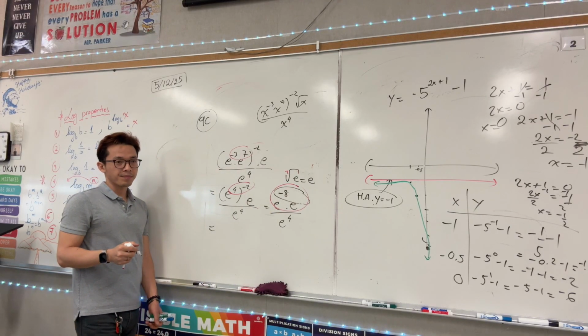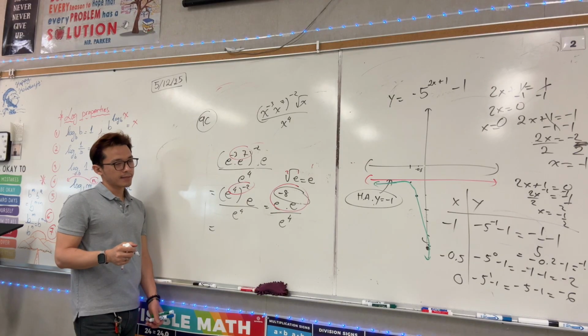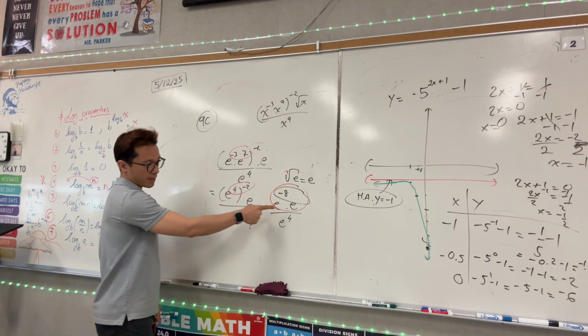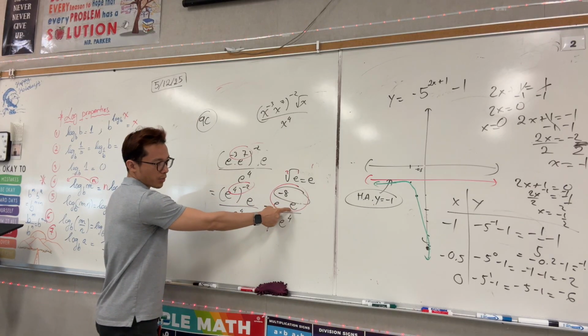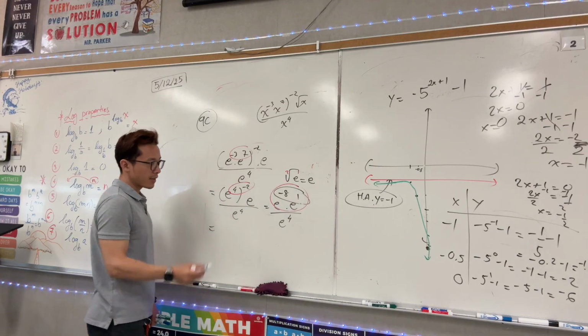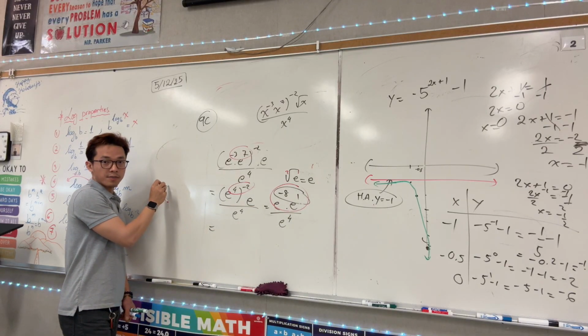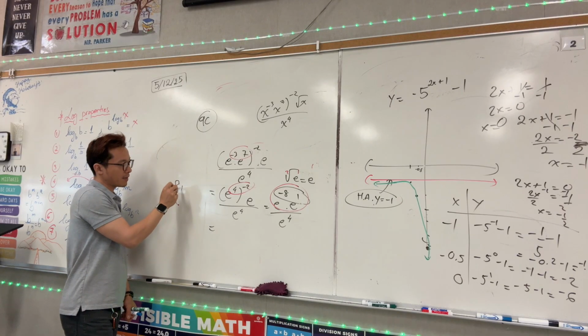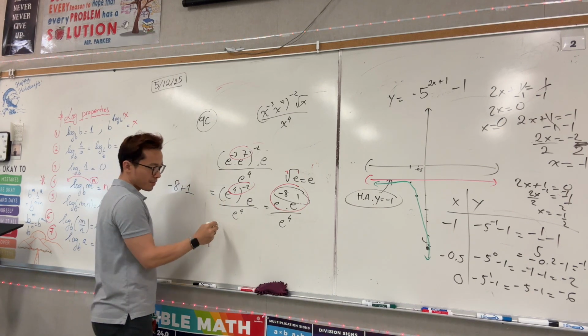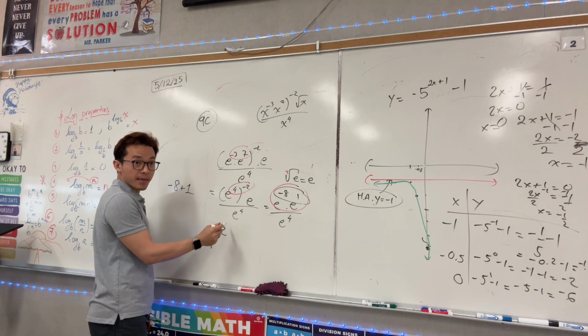How do you combine them? e to the power of negative 8. What is the power of this other e? An invisible 1, right? So what are you going to do with the power? You add them. Negative 8 plus 1 is negative 7.